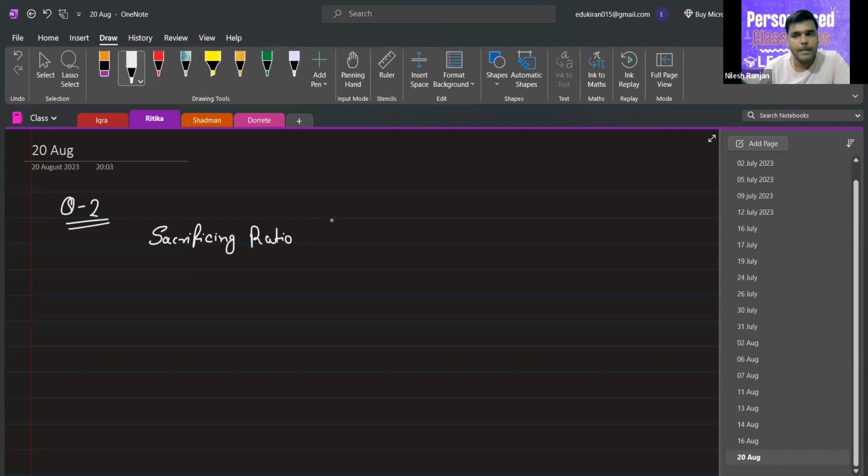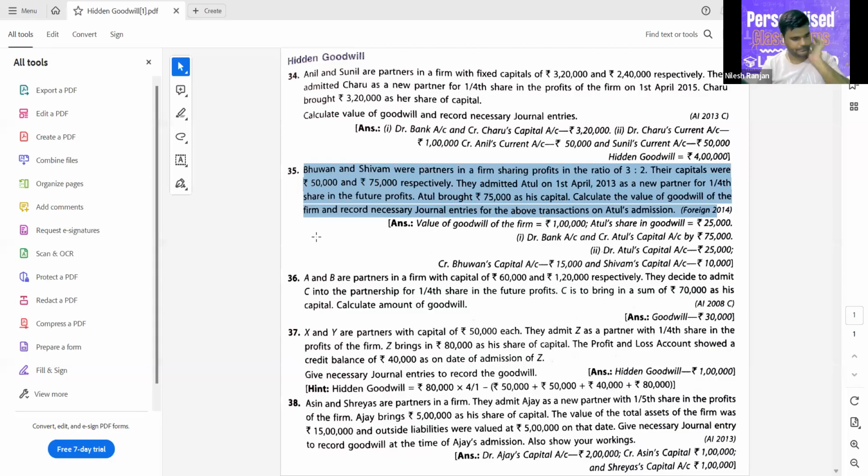Sacrificing ratio. So please show the question. There is a 3:2 only.